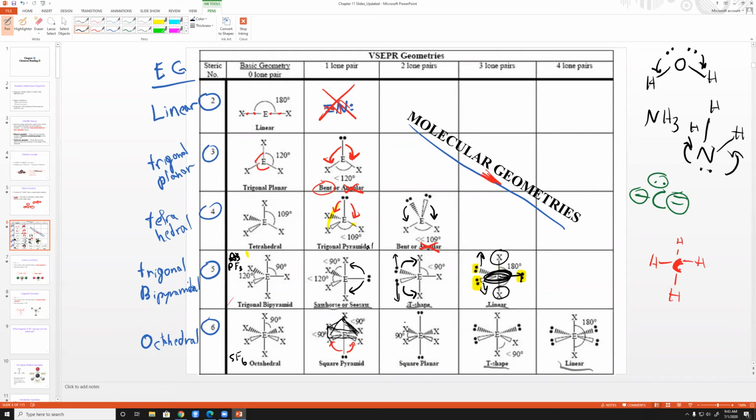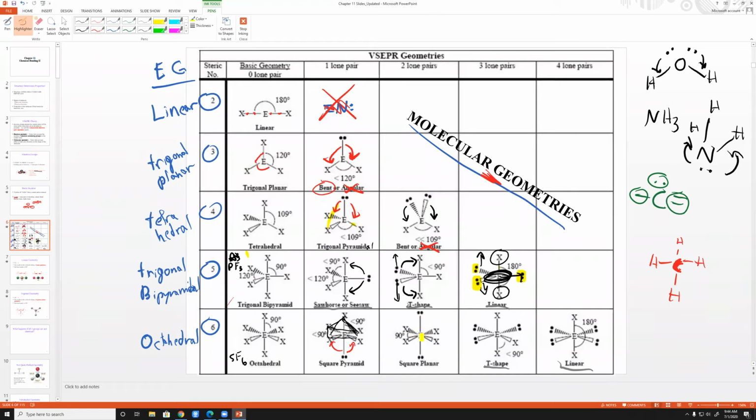Then what will happen is if you add another electron group, it'll create square planar. So this means you're getting rid of this one, making another electron group. You're getting rid of this one, creating another electron group. And those electron groups are going to be on the opposite ends of one another, thus forcing the bonded atoms to be in the middle.